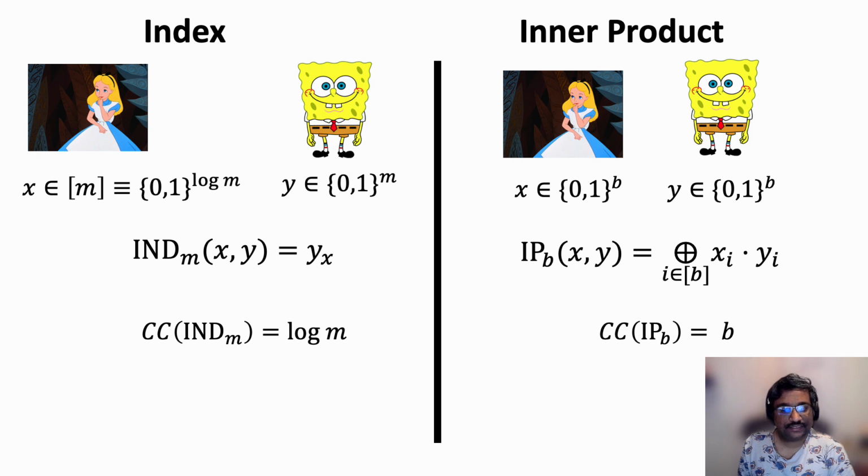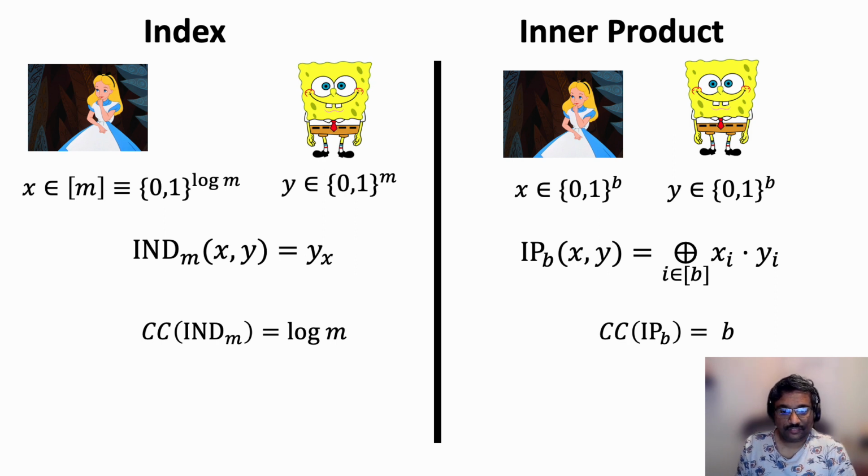The index gadget is a gadget where Alice gets a pointer, which is a value in 1 to m, and Bob gets a memory bank of m locations, which we think of as a binary string in {0,1}^m. And the output of the index gadget at x, y is just the value y has at location x. So whatever Alice is pointing to in Bob's input is the output of the index gadget. And the communication complexity of the index gadget is log m.